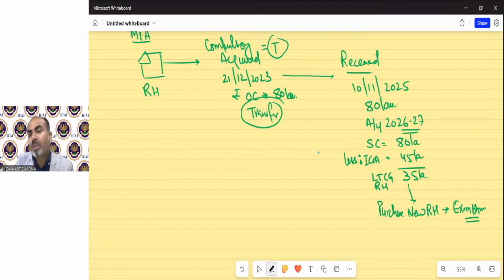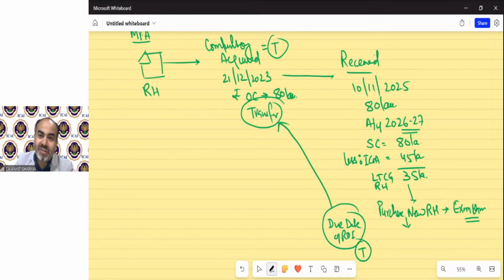But now the problem arises. For the purpose of investment, the time limit is the due date of ROI of the transfer year. And the transfer year is not assessment year 26-27.